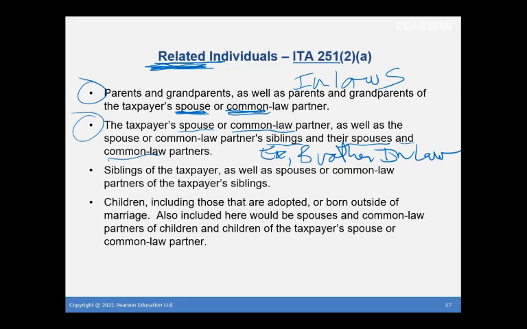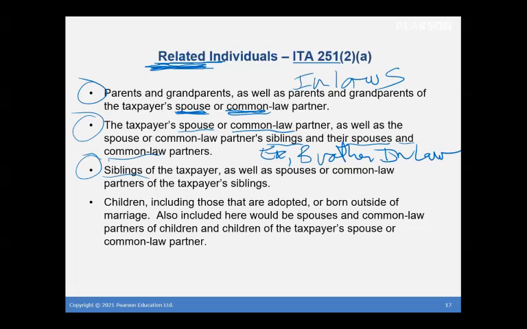So our next one up is your siblings. So your brother, your sister, as well as the spouses or common law partners of the siblings. This would be the same kind of thing.